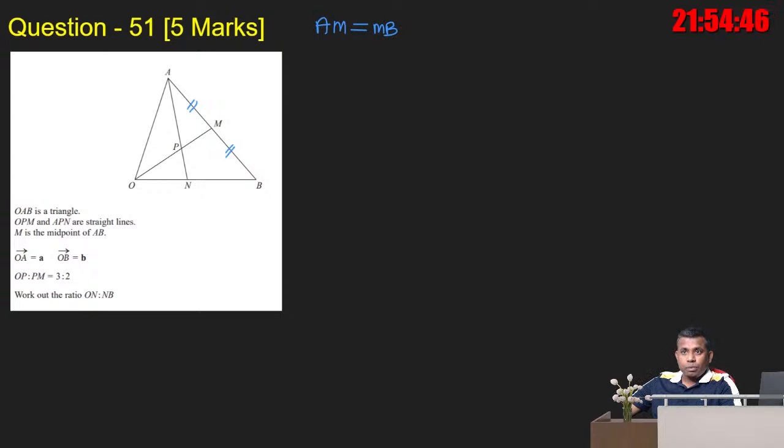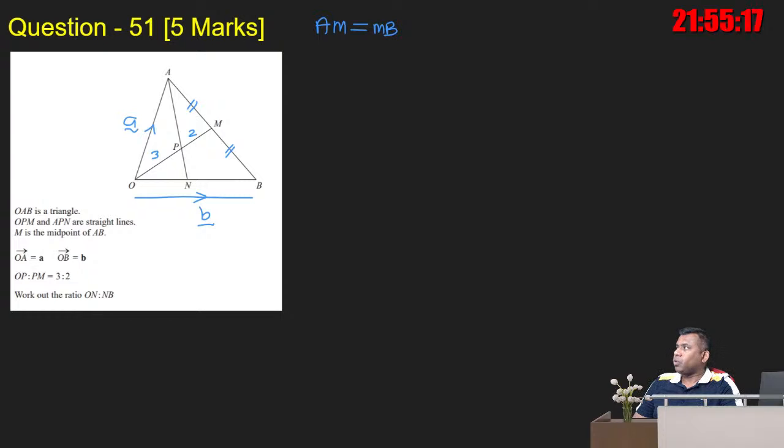So O to A is vector A. O to B is vector B, right? So that is given. OP is to PM is 3 is to 2. So this is 3 parts and this is 2 parts. Now they are asking, find the ON to NB.